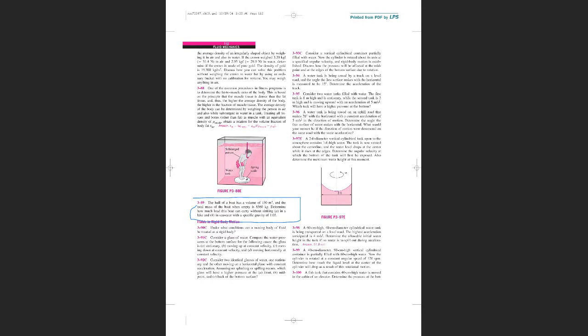Determine how much load this boat can carry without sinking in a lake, and in seawater with a specific gravity of 1.03. Lake means fresh water. That is a density equal to what, guys? 1000. And the seawater density is what, guys? 1030. Right or not right?